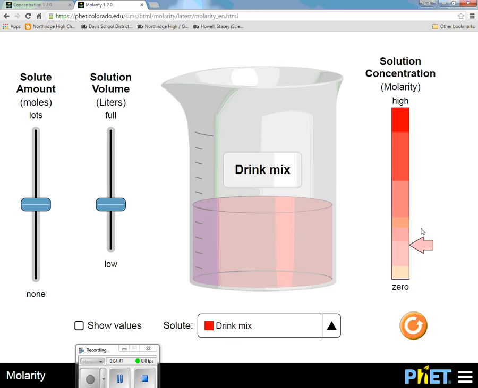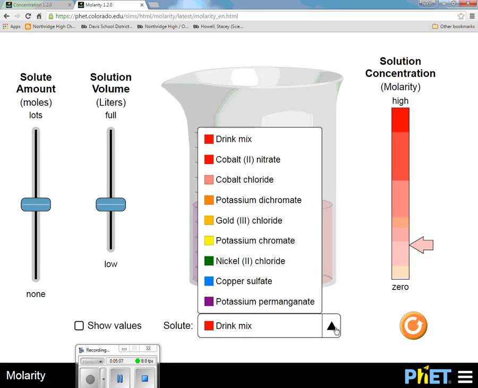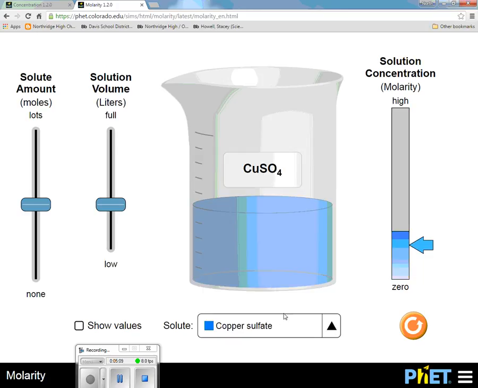Now, you worked within your POGIL packet with concentrations where it didn't have color, but it could still be more concentrated, right? We're using color here so we can visually cue on it too, but that doesn't mean that you're going to have a color. So we've got a drink mix here. We could pick a lot of different things. Maybe I want to do copper sulfate because that's something we would see in lab.